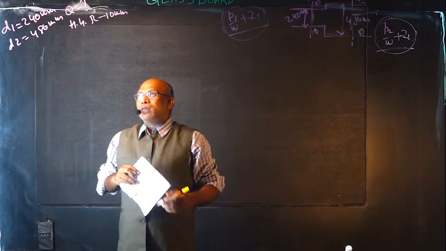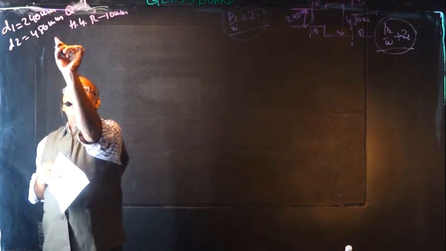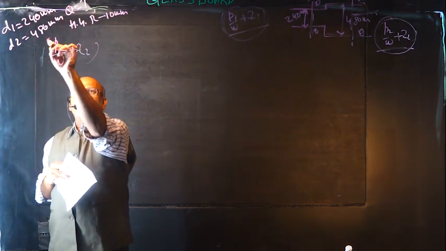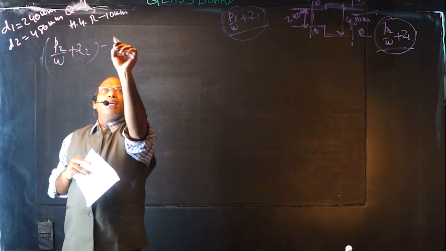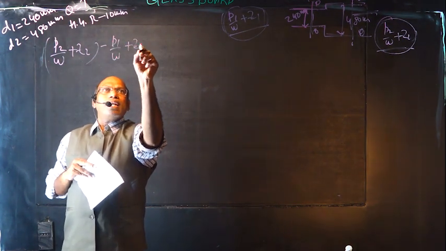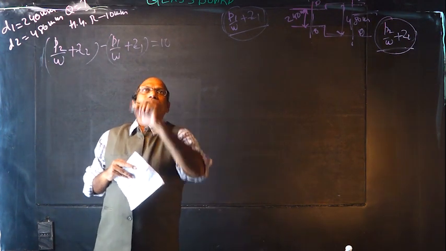Therefore, P2 by W plus Z2 minus P1 by W plus Z1 is equal to 10 mm.